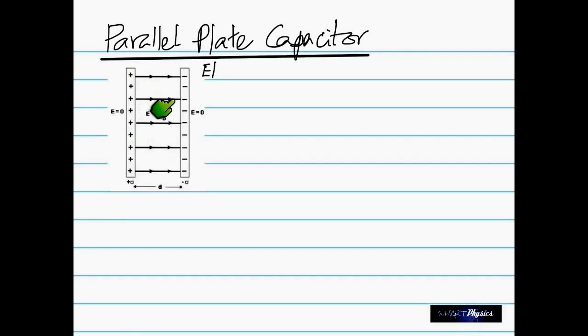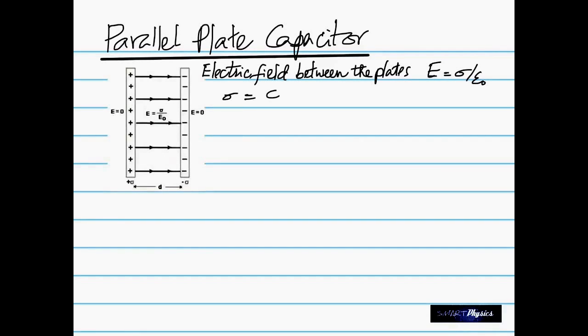But inside the plates or between the plates, the electric field is given by sigma by epsilon naught, where sigma is the surface density of charge. So the electric field between the plates is E = sigma by epsilon naught.